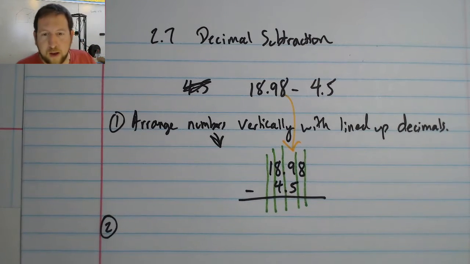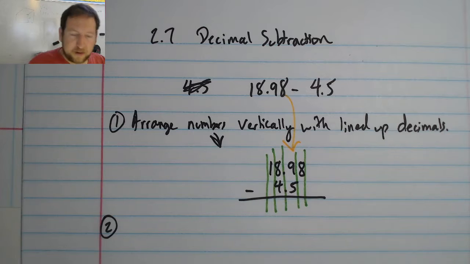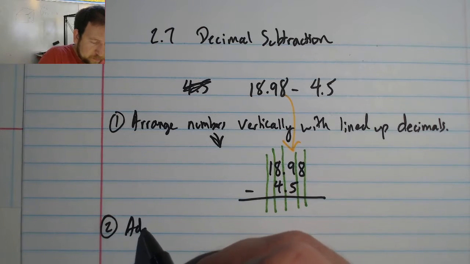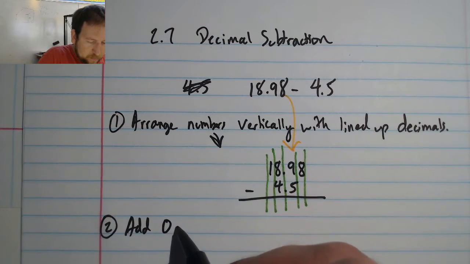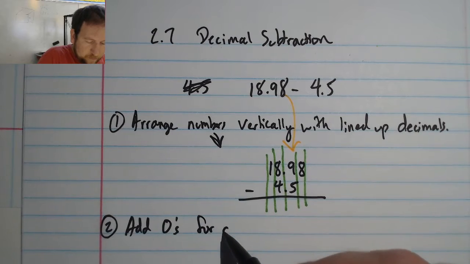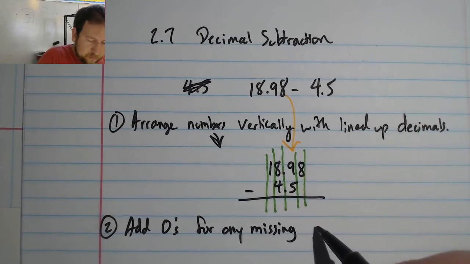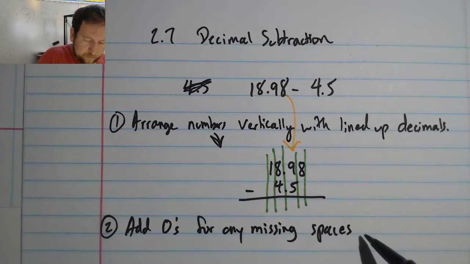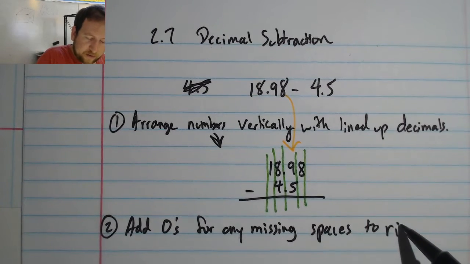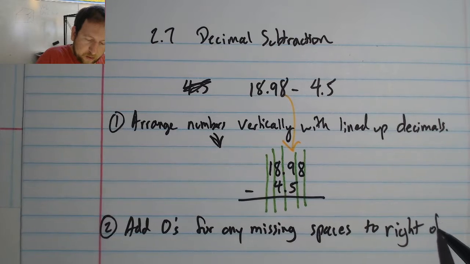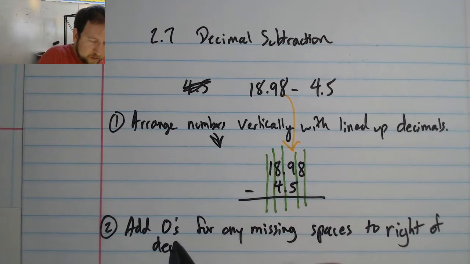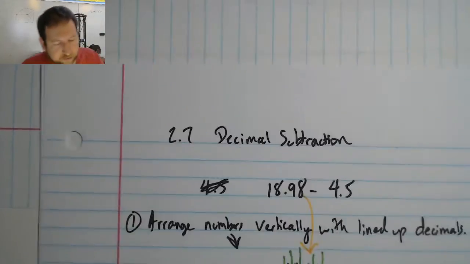Number two, add zeros for any missing spaces to the right of the decimal point. Okay, this one looks like this.